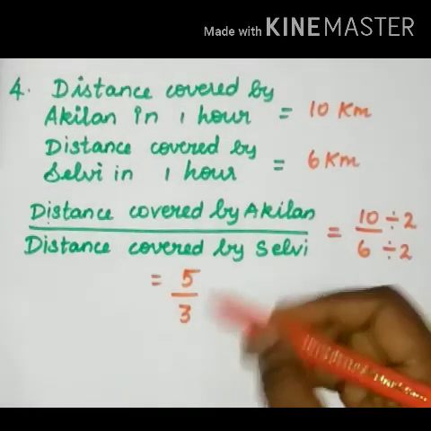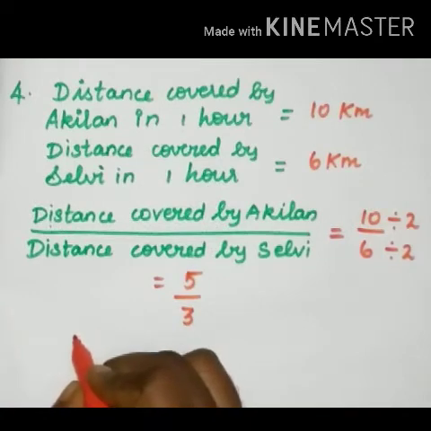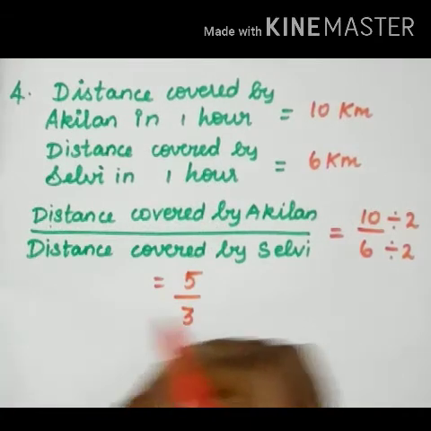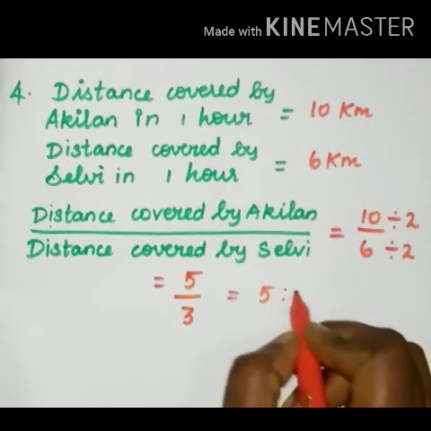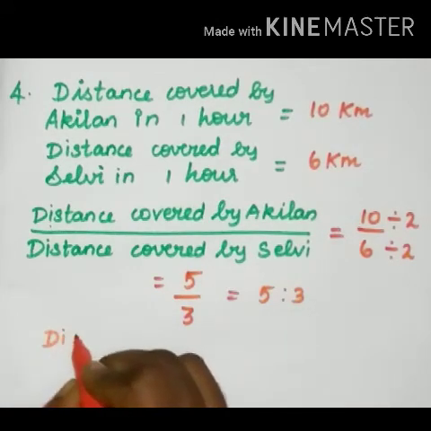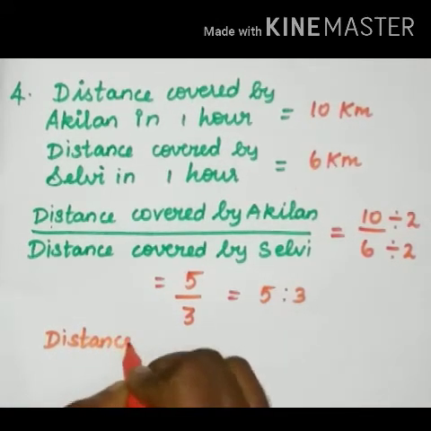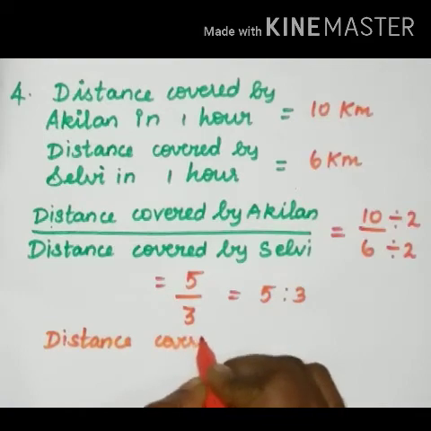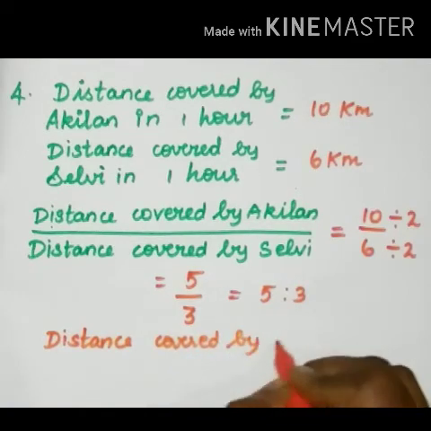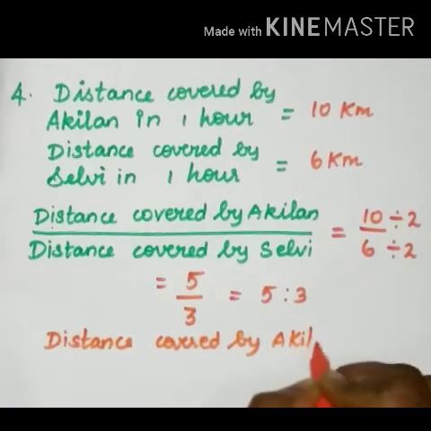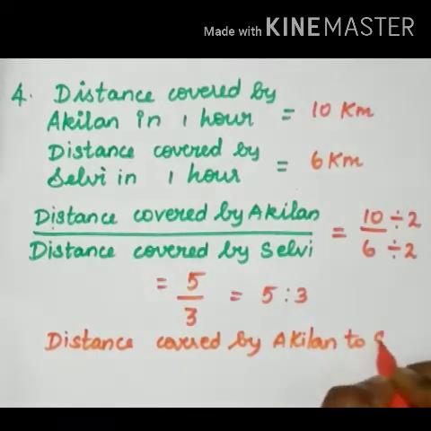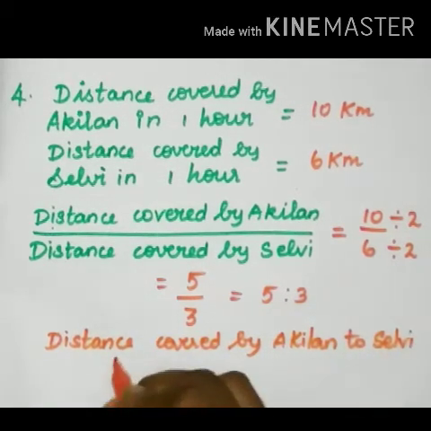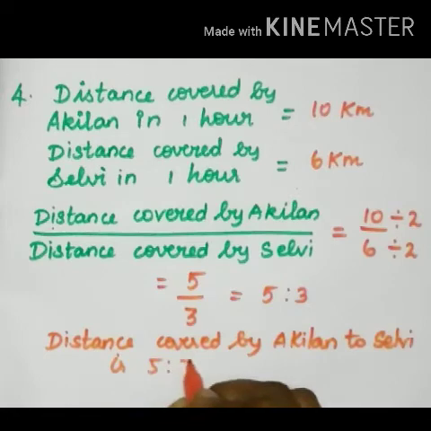Further we can't simplify it. So write it as 5 is to 3. Distance covered by Akilan to Selvi is 5 is to 3.